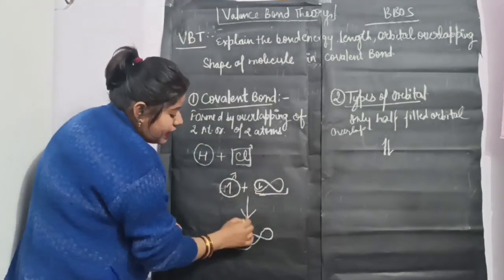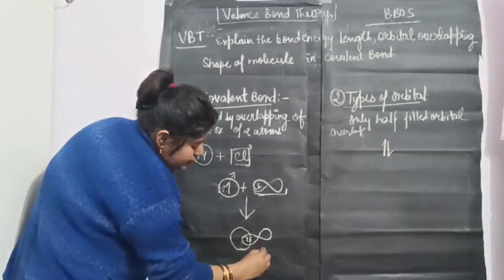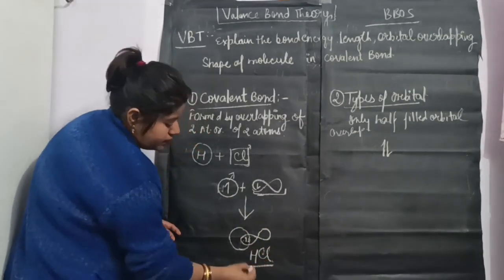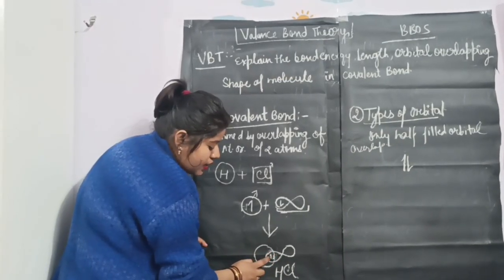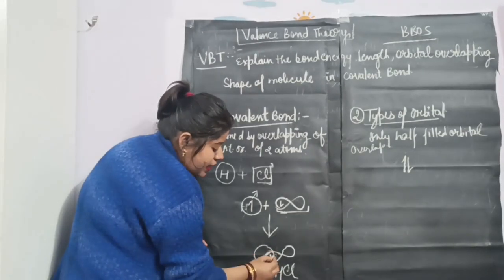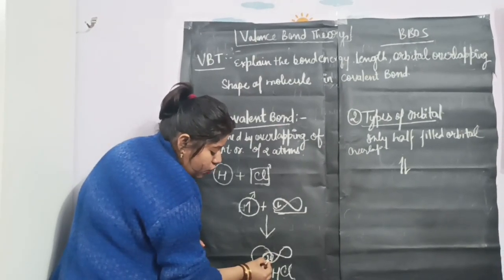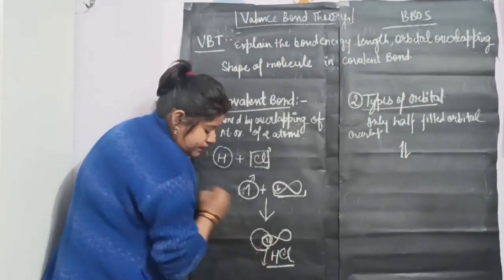When they react to each other, they form the HCl molecule. This is the overlapping region, where the probability of finding the electron is maximum.